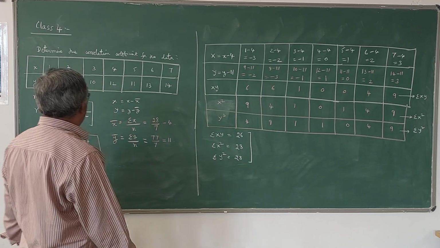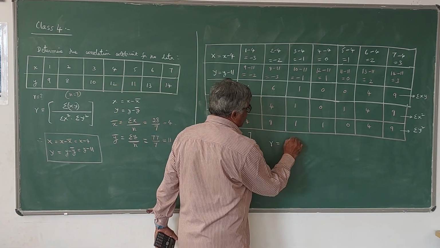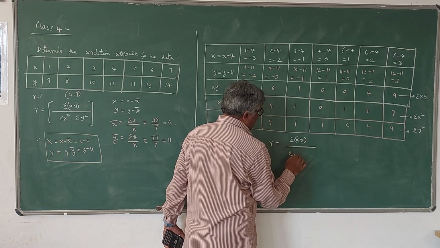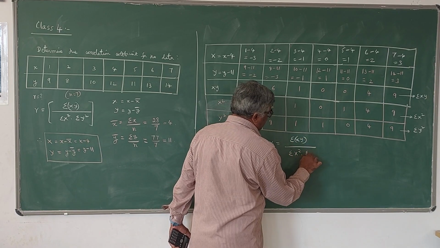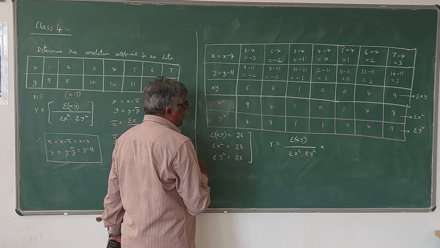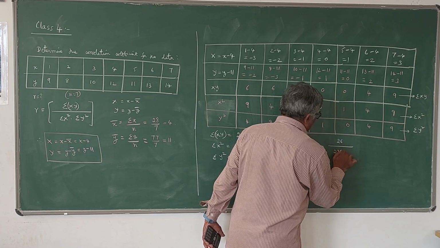Now once you get these values, you can use this formula to find the correlation coefficient. R is equal to sigma xy divided by sigma x square into sigma y square. So this is sigma xy 26 divided by 28 into 28.